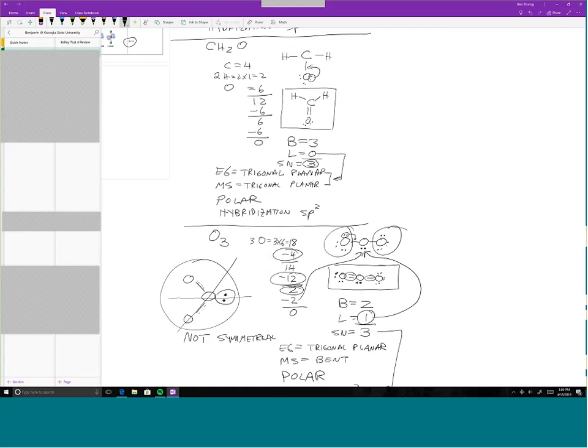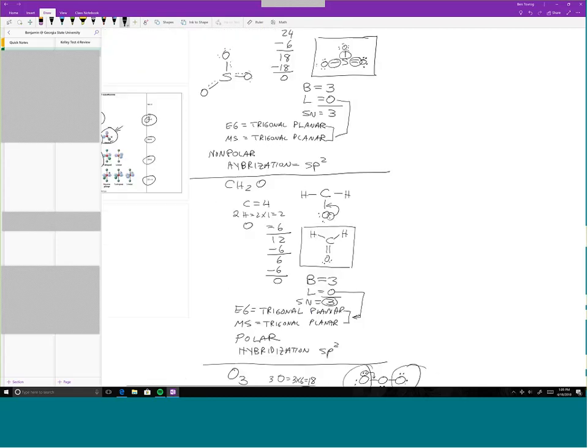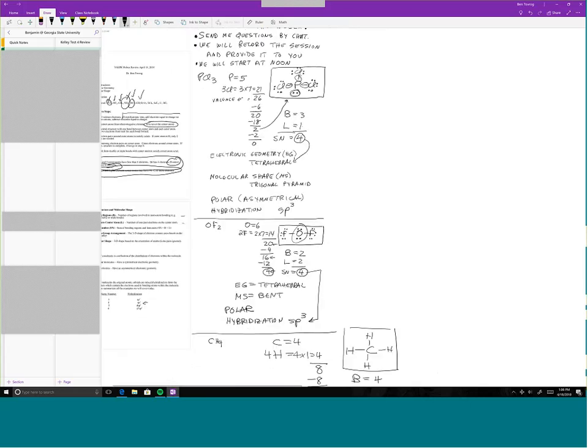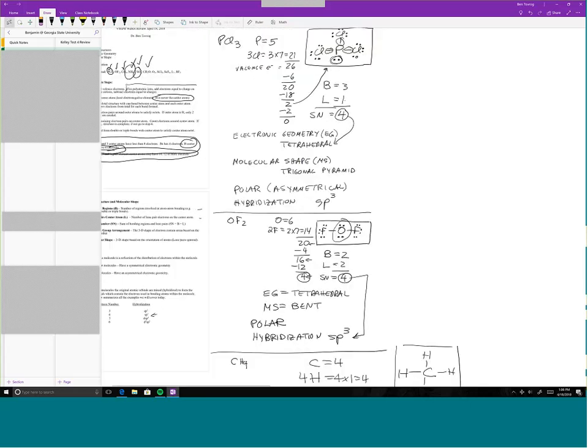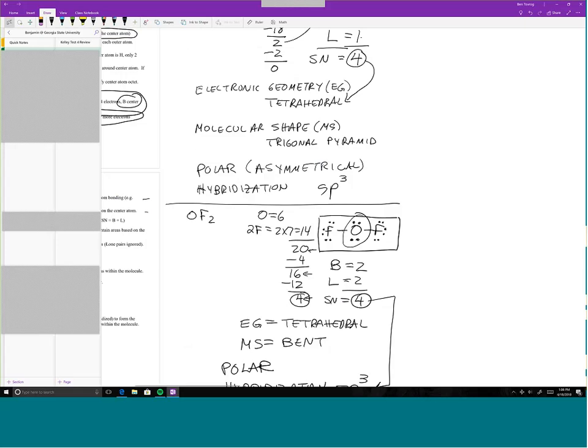I think we had 2 other examples. Let's walk through those. This one's good, the OF2 example. Let's really zoom in on this one. We did this early, so let's just go back through it. 20 electrons in the whole molecule. We had 2 single bonds, which account for 4.